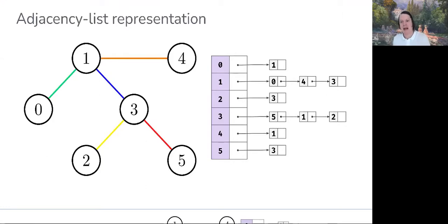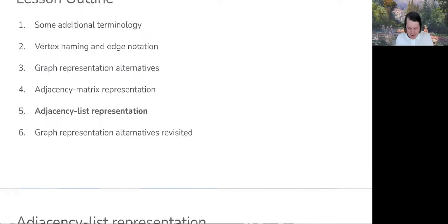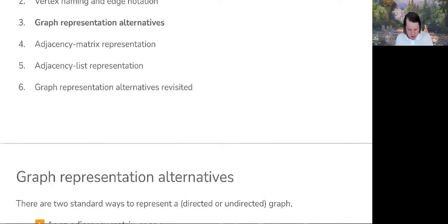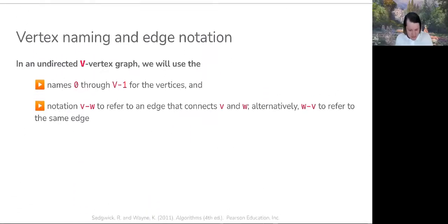We can see that we have a one-dimensional array, which is shown right here. Its indexes 0 through V minus 1 are going to correspond to our vertices labeled 0 through V minus 1. So remember that naming scheme up here. And this is where the power of this is derived from.